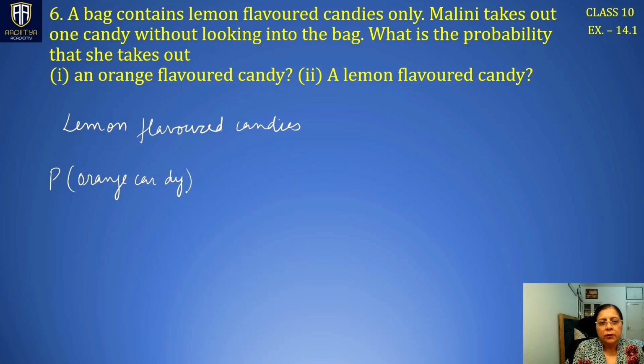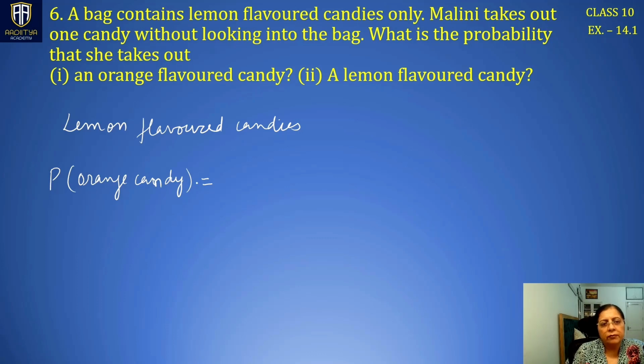So what is the probability of orange flavored candy? Now you can see here we don't have any orange flavored candy in that bag, and still we are expecting to take out an orange candy out of that bag. So that is an impossible event. We cannot have an orange candy drawn out when we have a bag full of lemon flavored candies only.